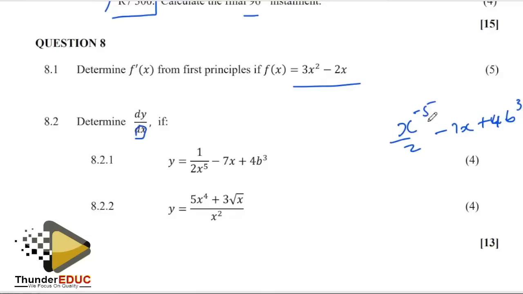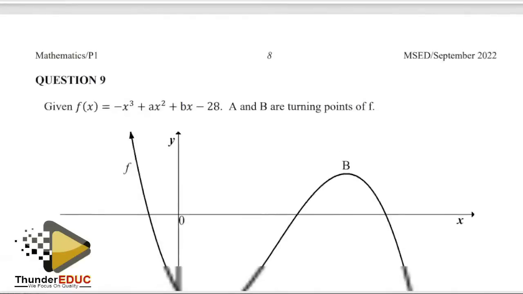So we shall derive the first term and the second term, but this is going to be looked at as a constant because it doesn't have x. So we cannot say 3 times 4 is 12, no, this is not x. So that is going to fall away. And then when you have something like this, split up. So 5x to the 4 over x squared plus 3, we said x to the half over x squared. Simplify that using the laws of exponents and then find the derivatives.